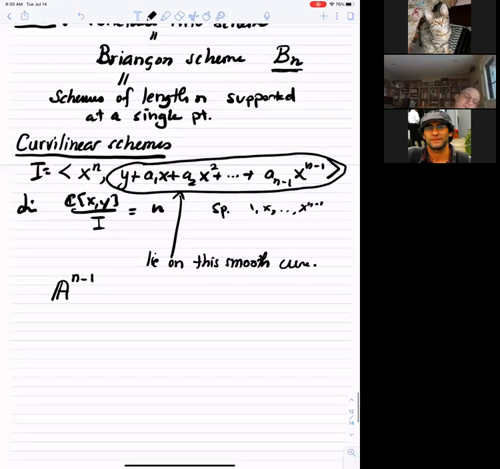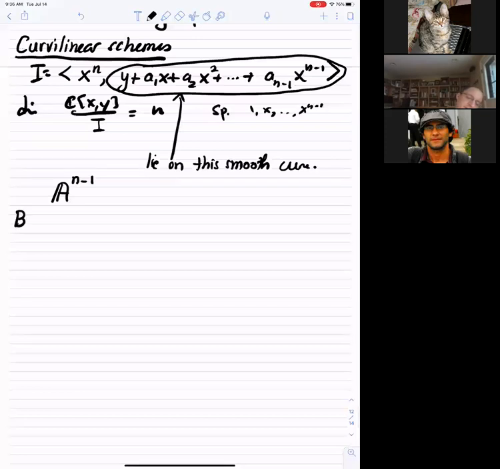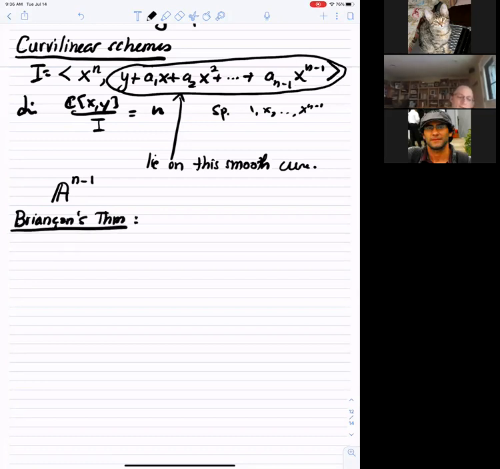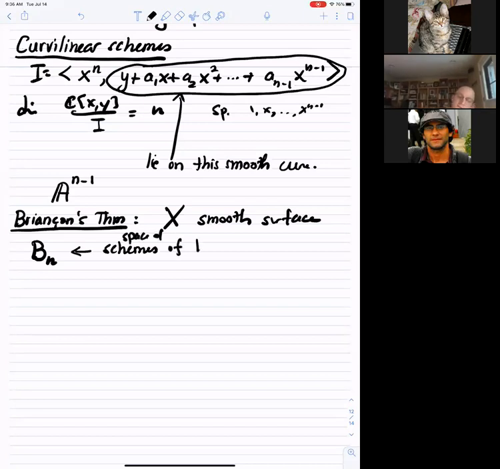And here is Briançon's theorem. So Briançon says, again, we have a smooth surface, so X is a smooth projective surface. Projective is not so important. And then we look at the scheme B_n, which is the space of schemes of length n supported at a single point.